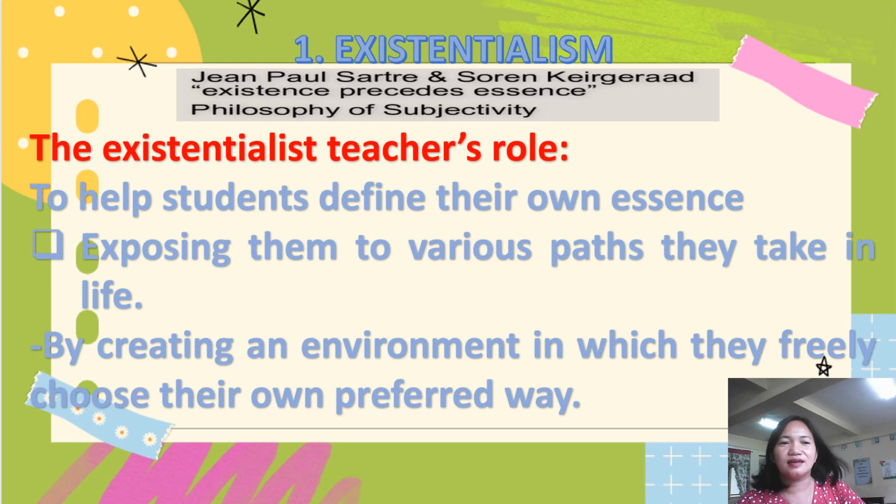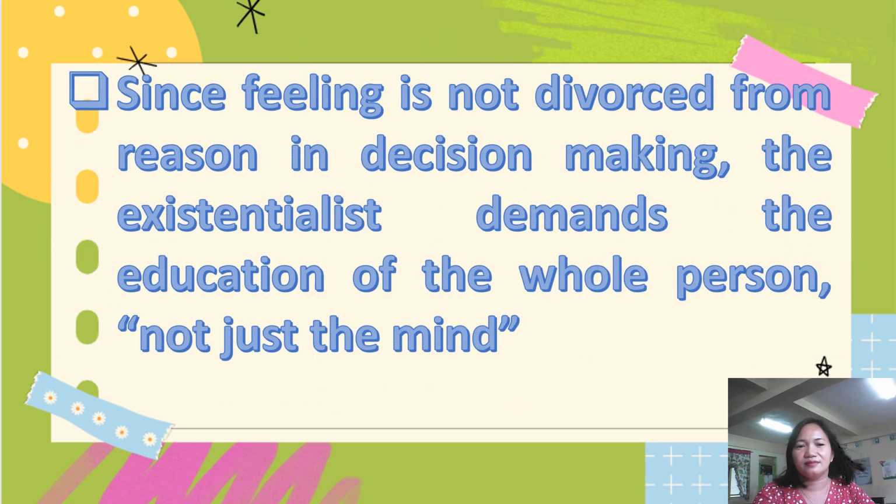So in this philosophy, we as educators must help our students define themselves and their self-worth, exposing them to various paths that they can take in life by creating an environment in which they freely choose their own preferred way. We're not going to dictate, but we're going to give them options.